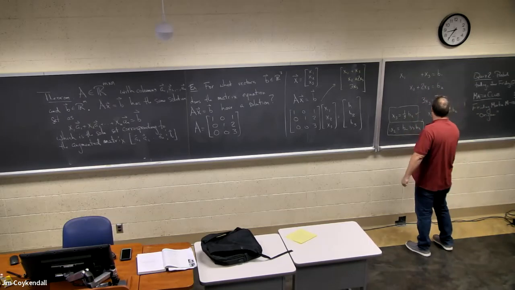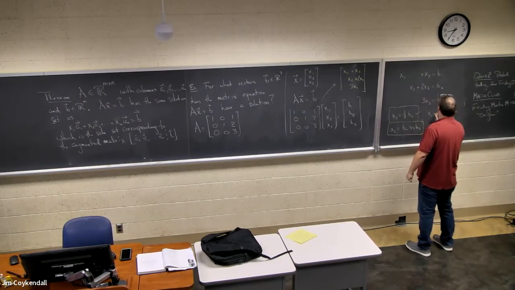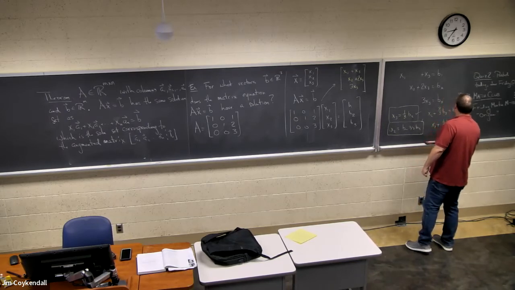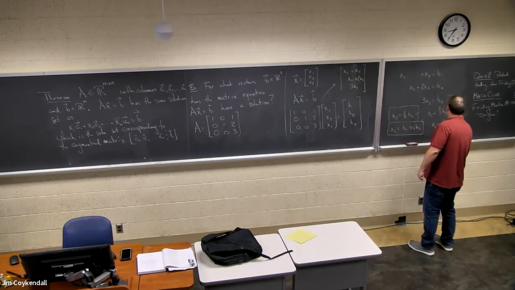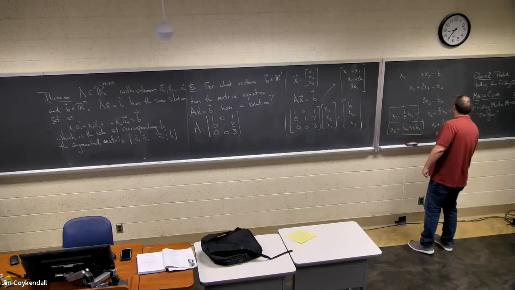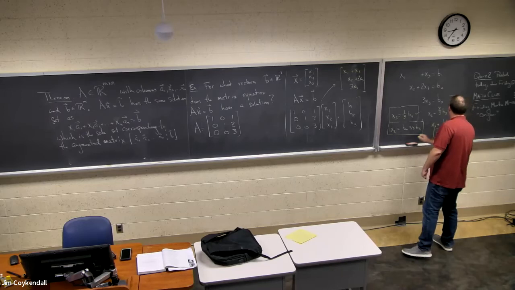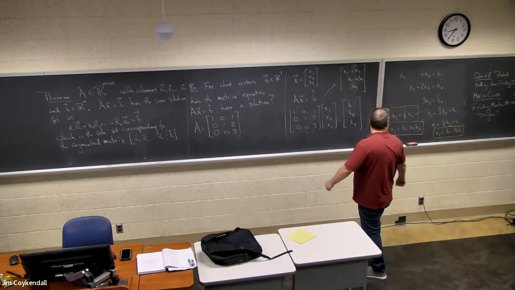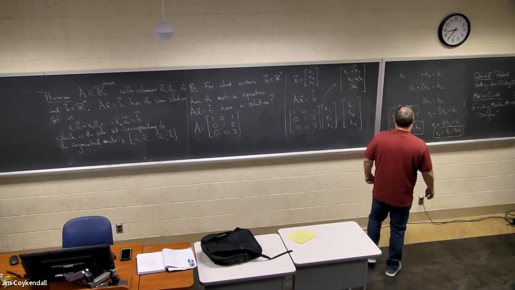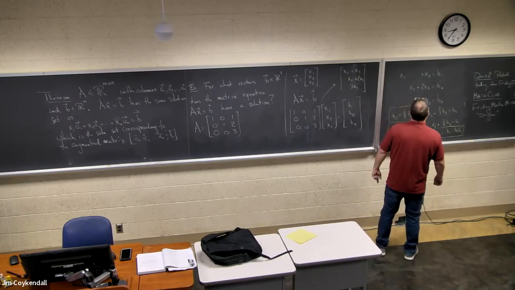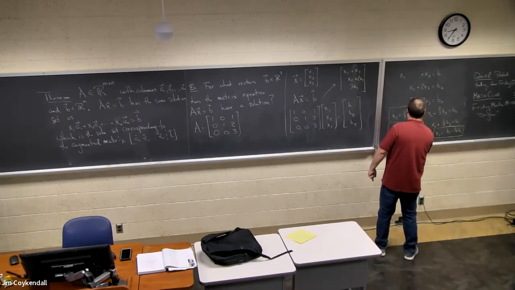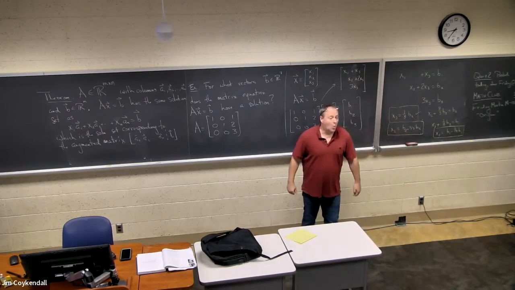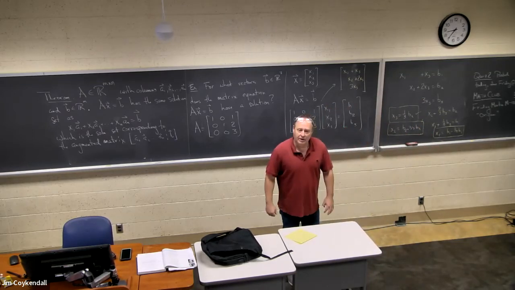Let's see, so I get X1 plus X3, which is 1/3 B3 equals B1, and I get X1 is equal to B1 minus 1/3. No matter what B1, B2, and B3 are, it doesn't matter.